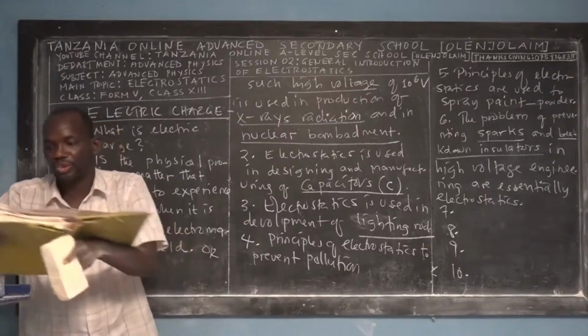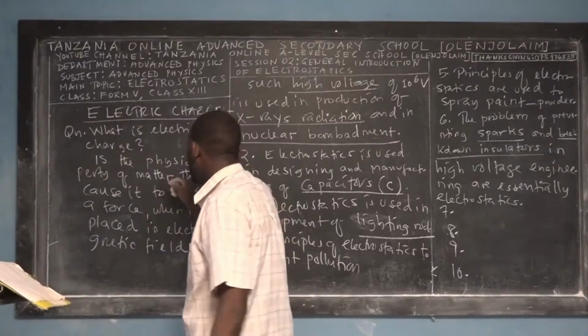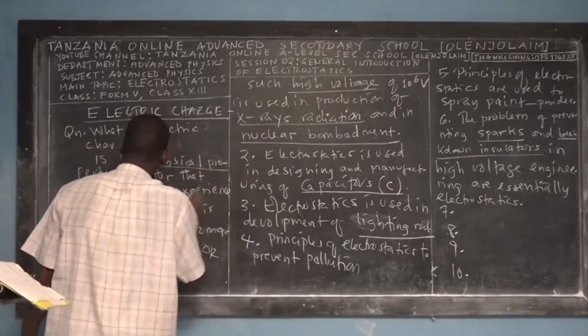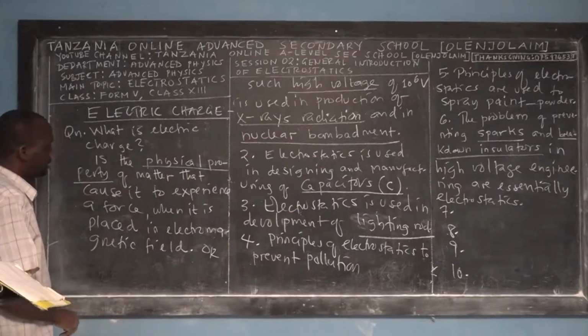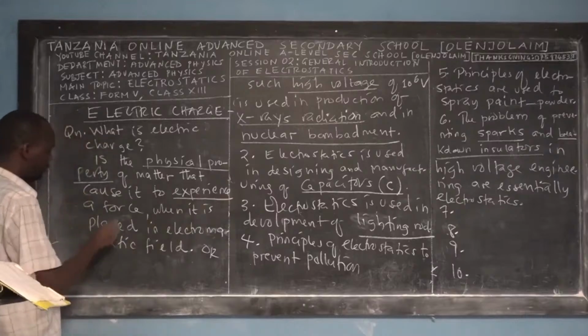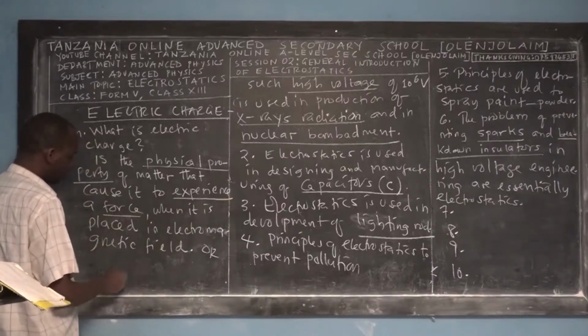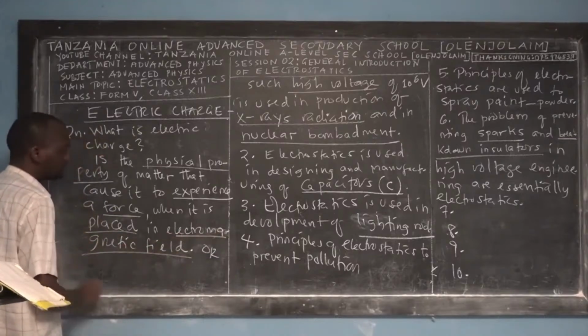I want to give you two because it's the fundamental concept. To start, electric charge is a physical property of matter that causes it to experience a force when it is placed in the electromagnetic field.